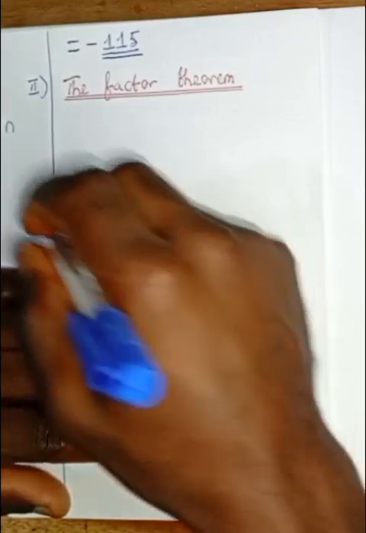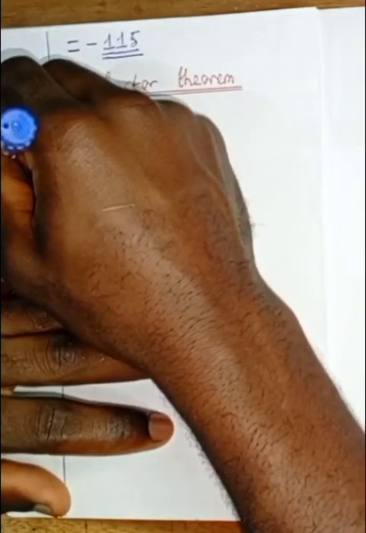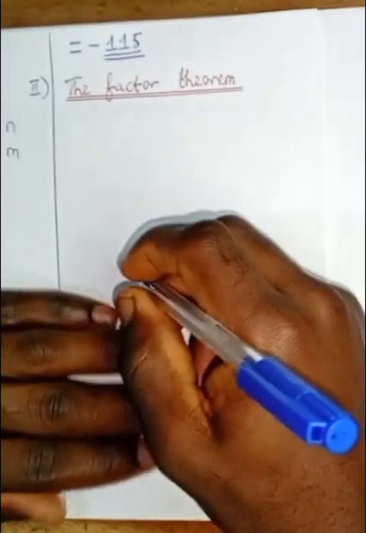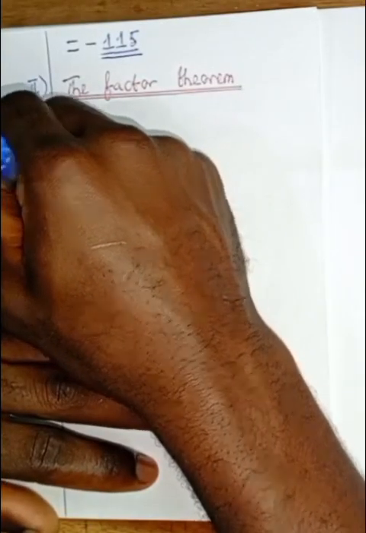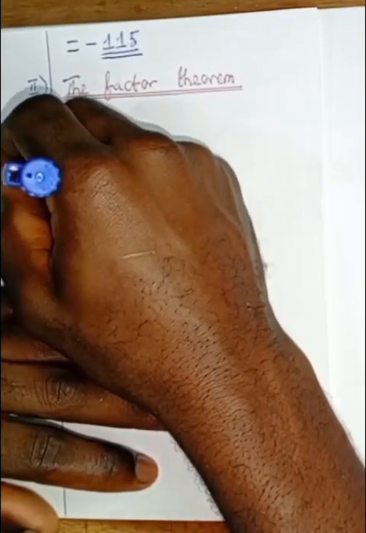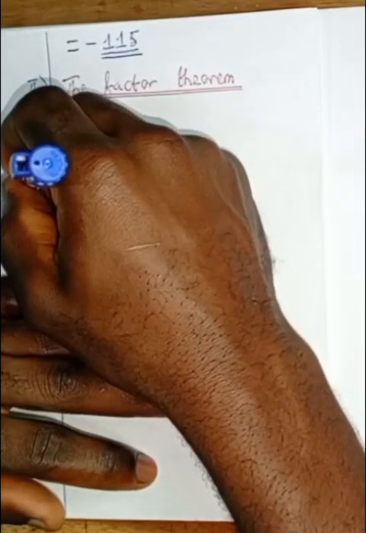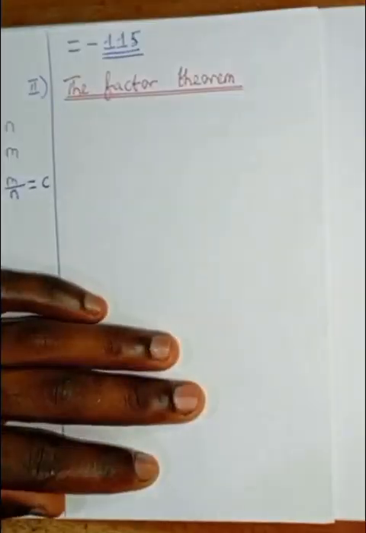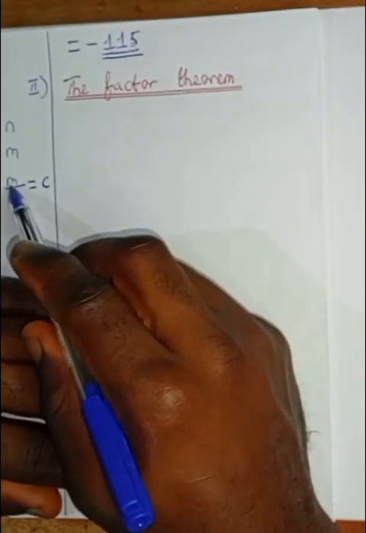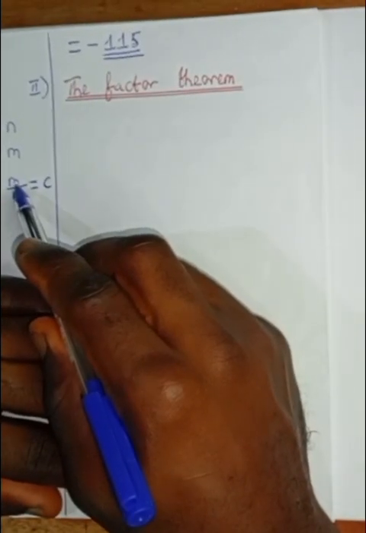We know a number n is a factor of another number m if we divide m by n and it gives us a whole number c. Then in such a case, we are going to say n is a factor of m.